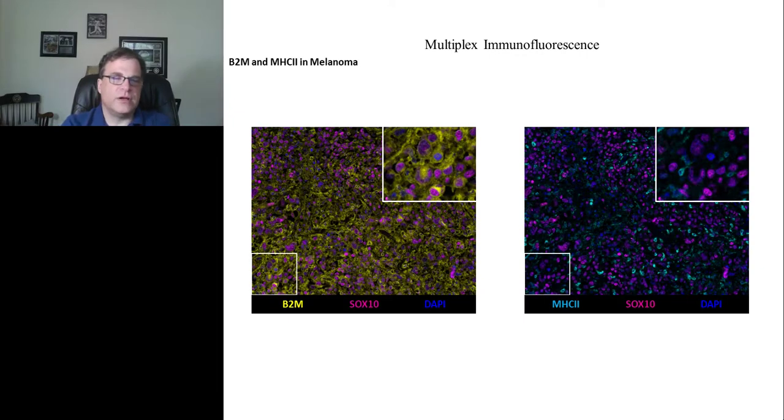And so we're working on multiplex immunofluorescence, looking at ways to look at class 1, class 2, and beta 2 tumors in order to understand the role of the APC machinery, class 1, class 2, and the other cells in the microenvironment that are related to efficacy for checkpoint blockade.